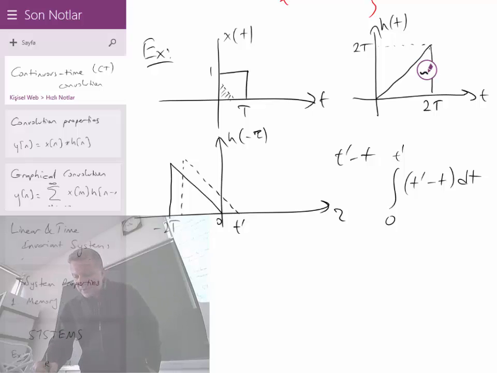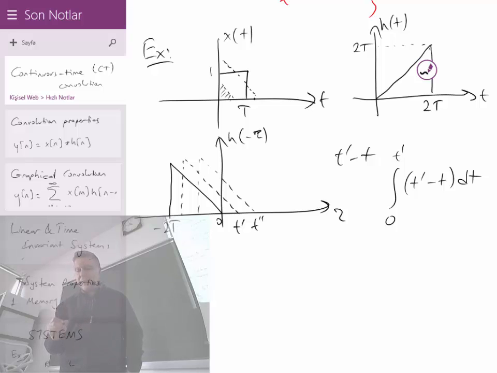What would happen if I go like this and say that I'm evaluating at t double prime, where t double prime is somewhere here? Then what is the shape that I have to evaluate? What is the shape that I need to find the area under?